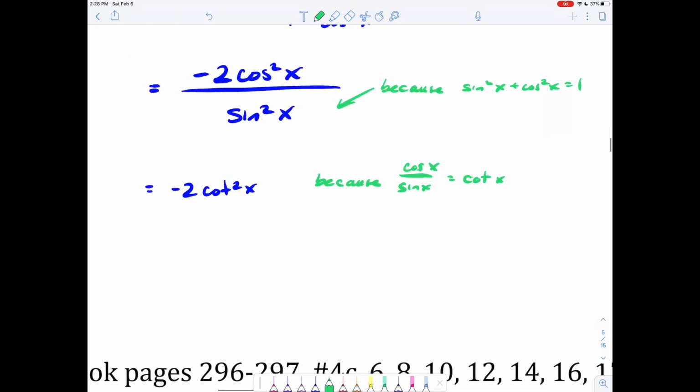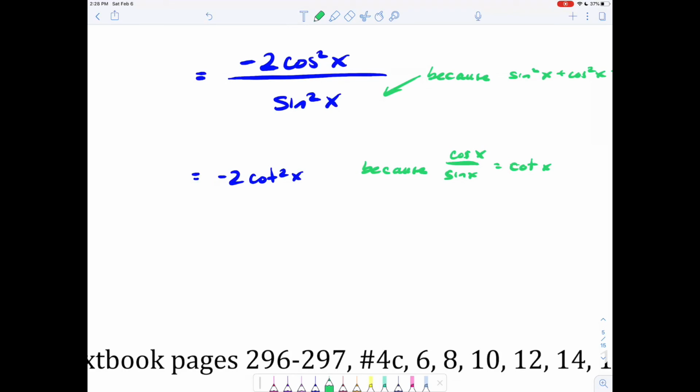We are now in terms of a single trig function. It looks beautiful. This is very pretty, but it's not a primary trig function. So just to convert that, we would have to make sure that that cotangent squared turns into a tan squared, like so. And now this one is done.